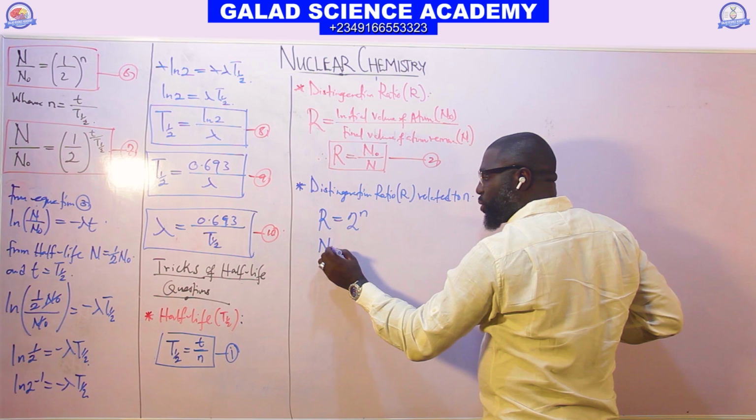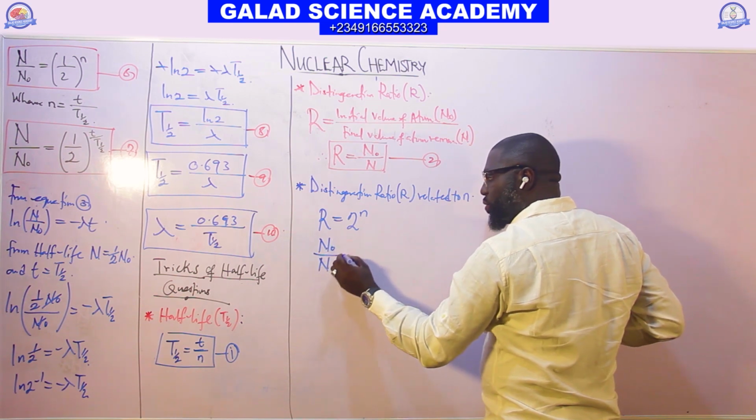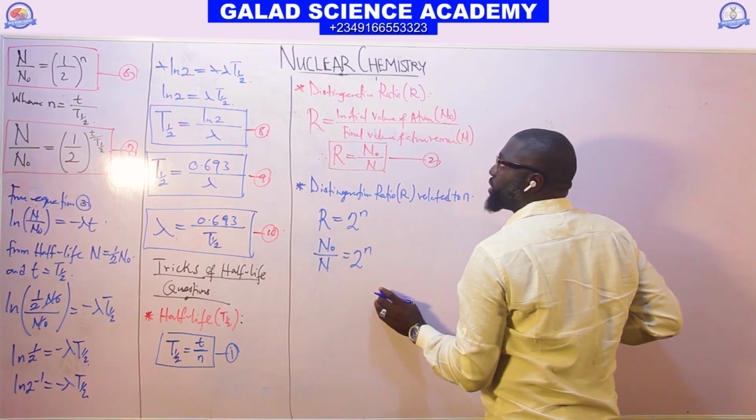We can also have it as N naught over N equals 2 exponential N.